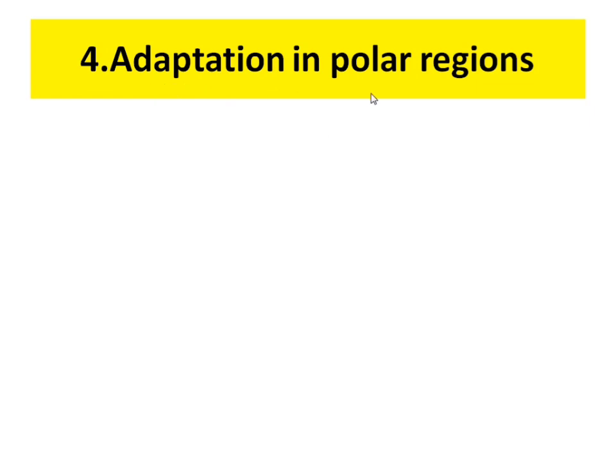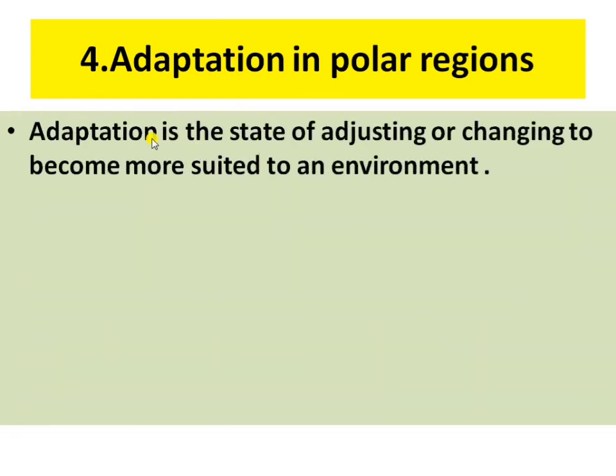Moving on to the fourth topic of this lecture, the last topic, which is adaptation in polar regions. First we are going to define adaptation. Adaptation is the state of adjusting or changing to become more suited to an environment.